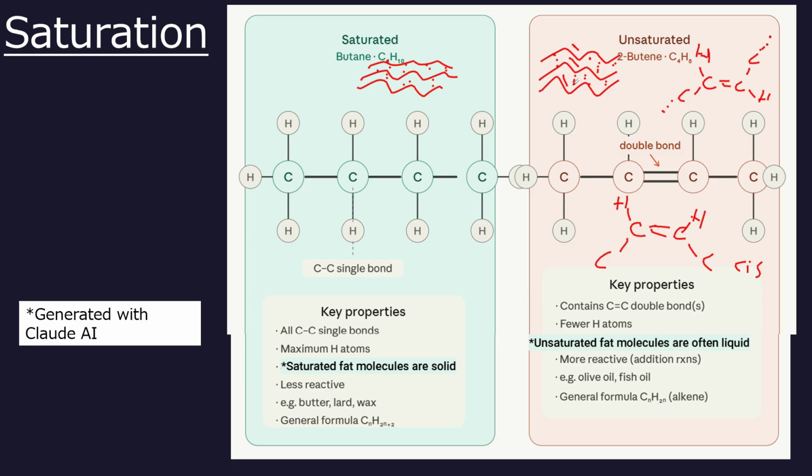But the cis ones, as I mentioned, it's hard to imagine, but if you have these kind of multiple cis structures, even just one is probably enough to make them not be able to stack nearly as well as saturated or trans unsaturated oils and fats. That keeps them liquid and fluid and not blocking anything in veins and arteries. Alright, it's a bit of a tangent, but I think it is important to know.